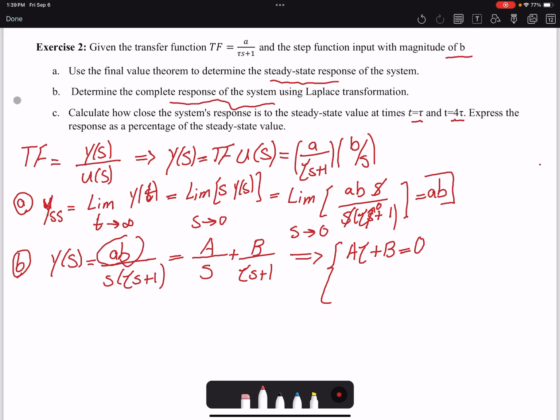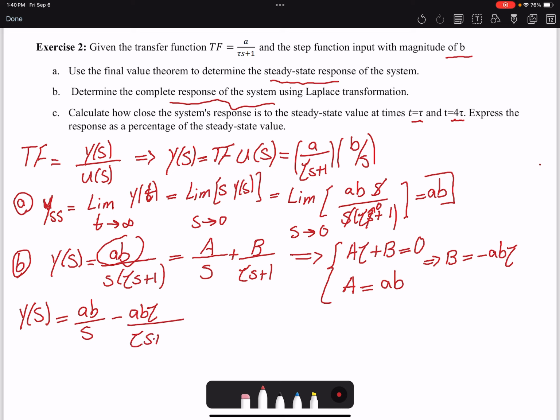And also I have A equals ab. Therefore B would be minus ab tau. If I plug in the values here, Y(s) would be ab over s minus ab tau over tau s plus 1.